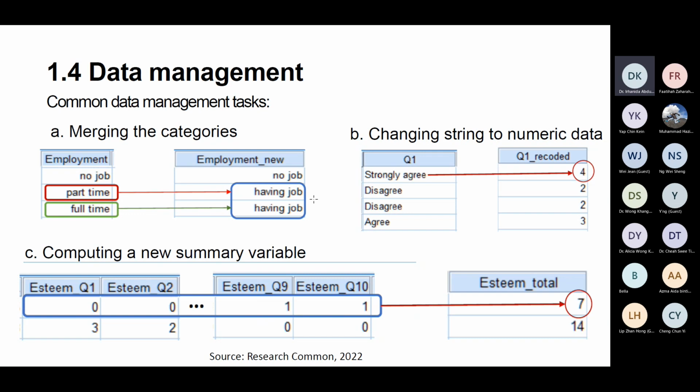So we have the grand mean, which is 7. I will show you when we do regression analysis later. We normally compute a summary variable when we do regression analysis. Okay, so that is data management.